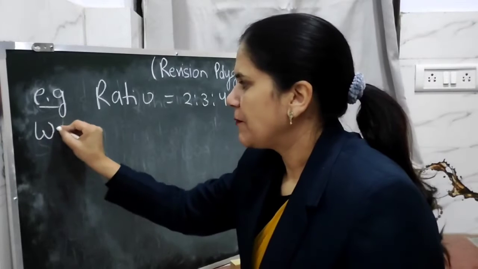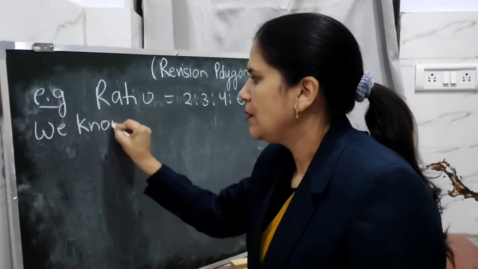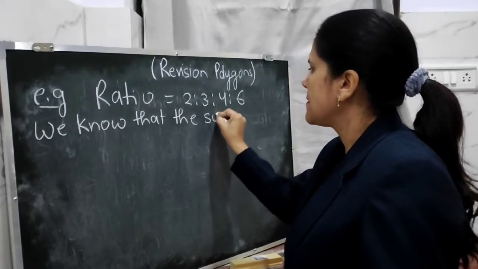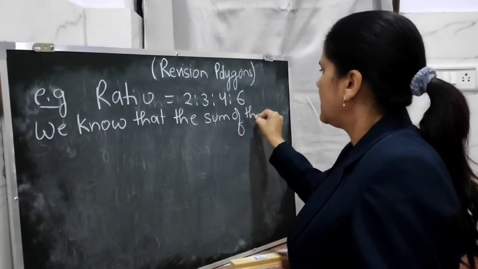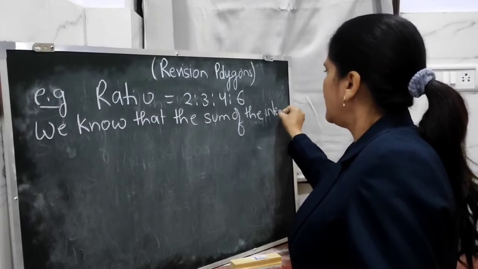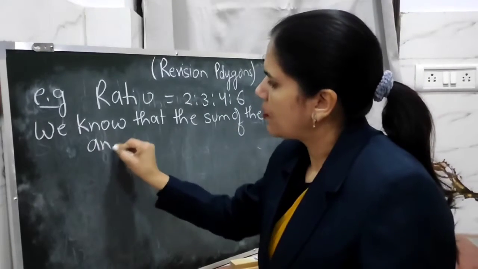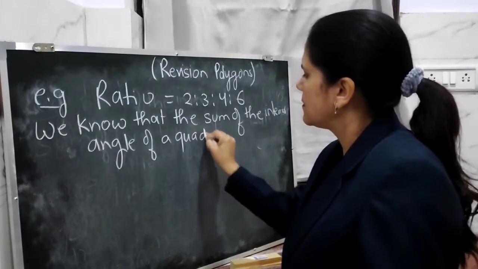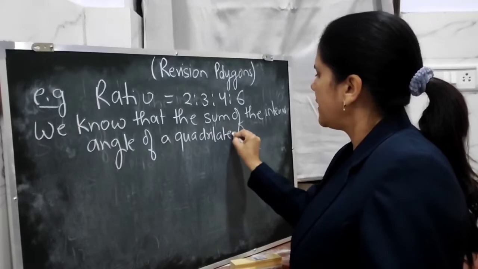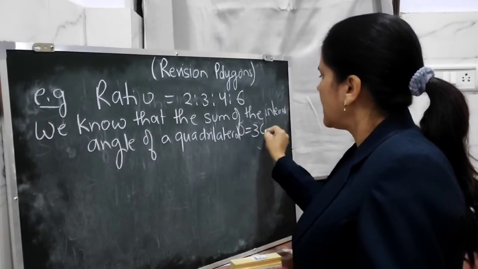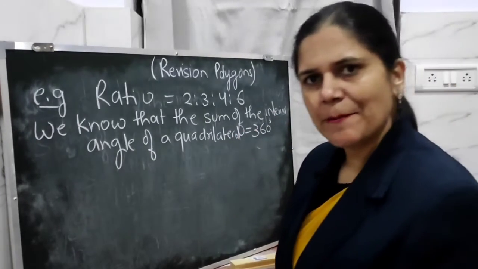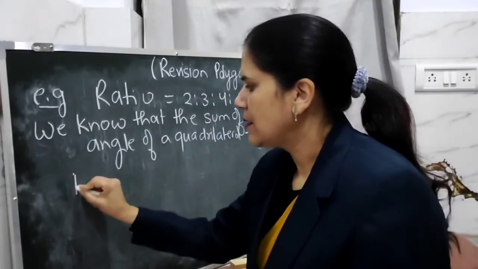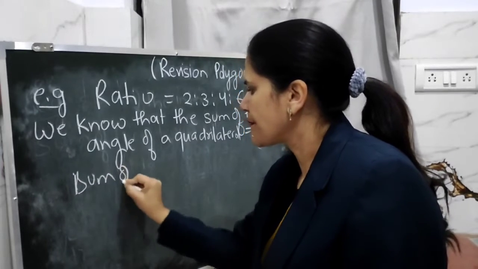For that, we first write: we know that the sum of the interior angles of a quadrilateral is equal to 360 degree. Then the next step is, whatever the ratio is given, write down the sum of the ratio.